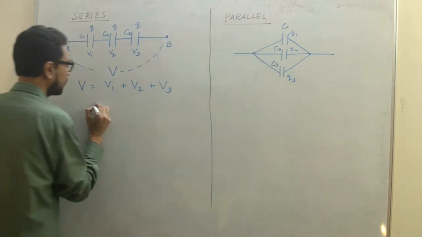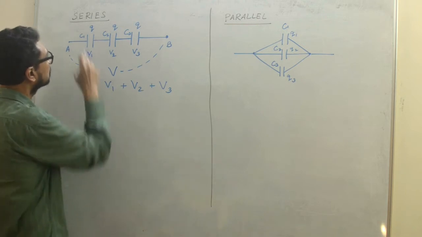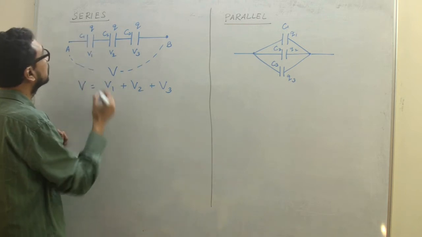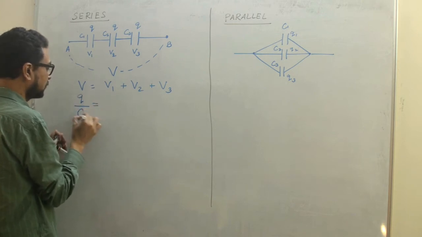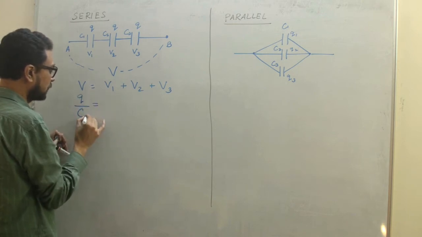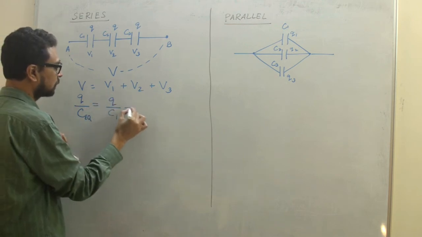Obviously, what can I write? Total charge is Q, and if the effective capacitance is C equivalent, then V1 is Q by C1.